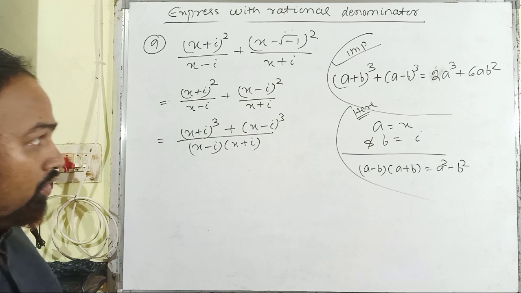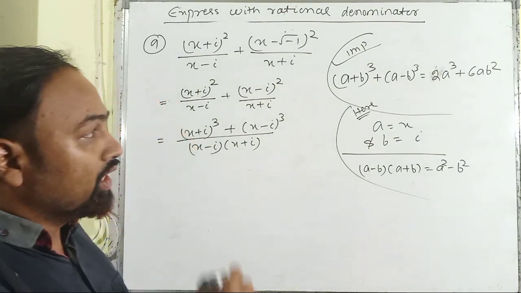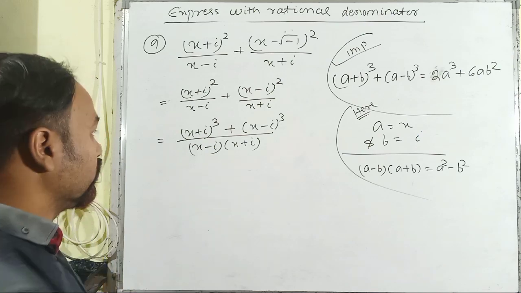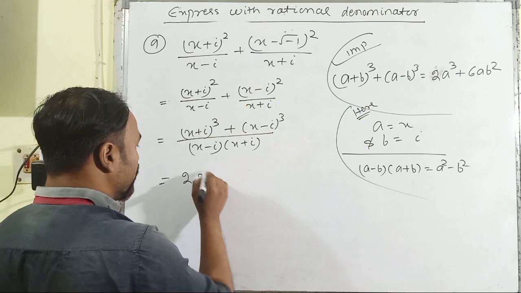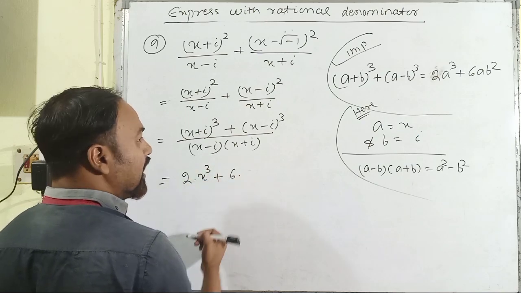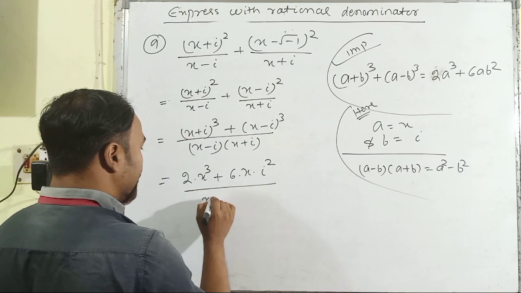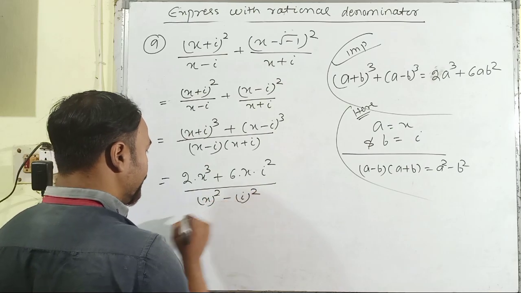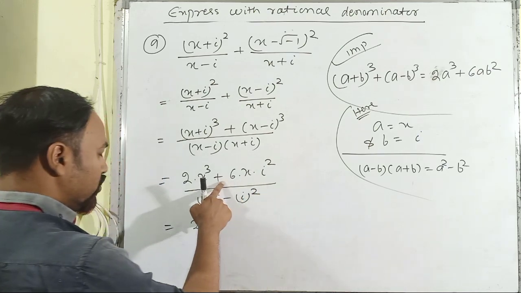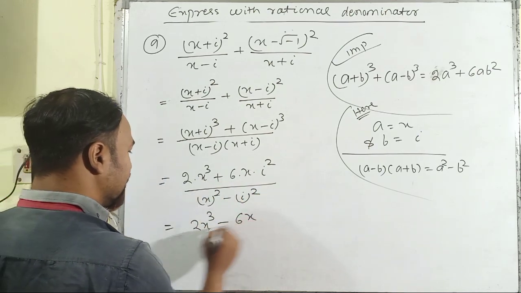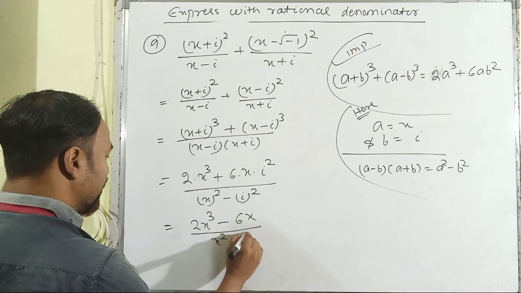The sum of whole cube of a plus b with the whole cube of a minus b is 2a cube plus 6ab square. So by applying this, 2a cube means x cube, plus 6ab square means x into b square, that means i square, and it is x square minus i square. It is 2x cube, and the value of i square is minus 1, so it will become minus 6x. In the denominator, it will be x square minus i square.